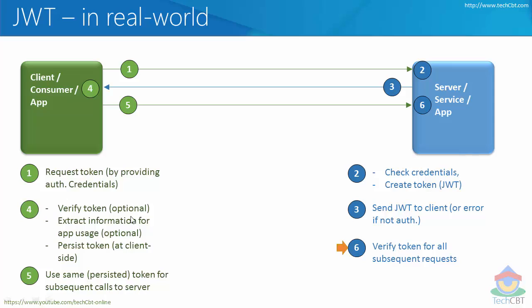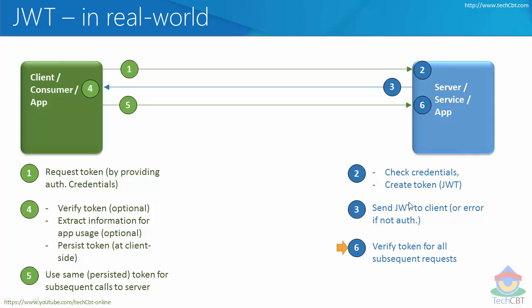Even if you do not do the verification of that particular JWT at the client side, it is essential at the server to ensure that whatever the client is sending to the service, that particular JWT is always authentic and valid. For that purpose, each and every request the client sends to the service needs to have that particular JWT, which is always verified for its validity.